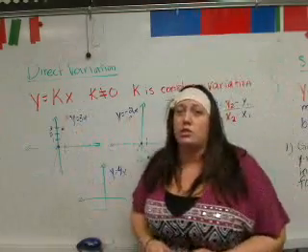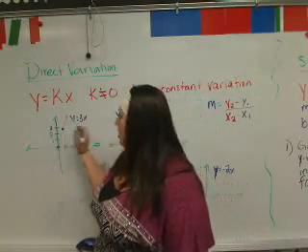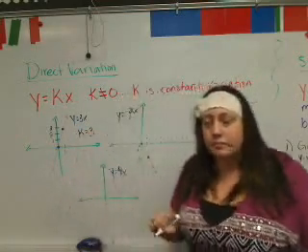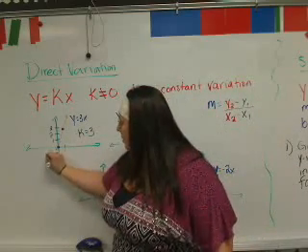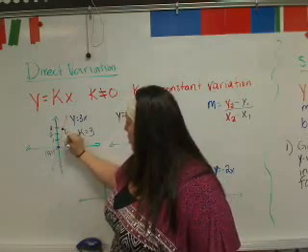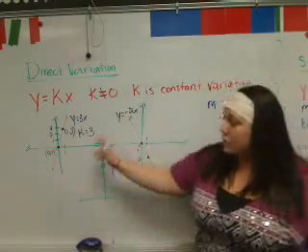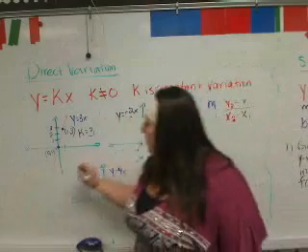Immediately from this equation, y equals 3x, you know that our constant variation is k, and that equals 3. Okay? Now we have these points 0, 0, and we have this point 1, 3. Since we have those two points, we are going to use the slope equation to find the slope.